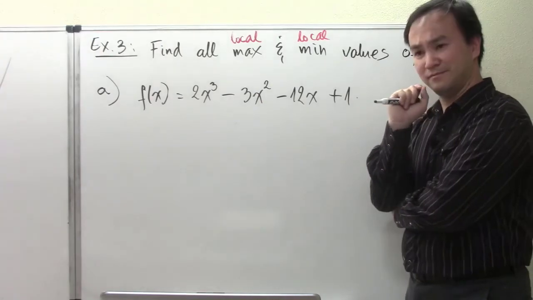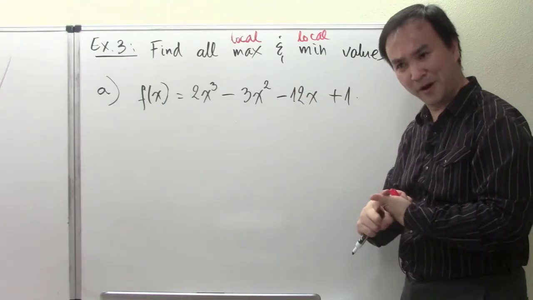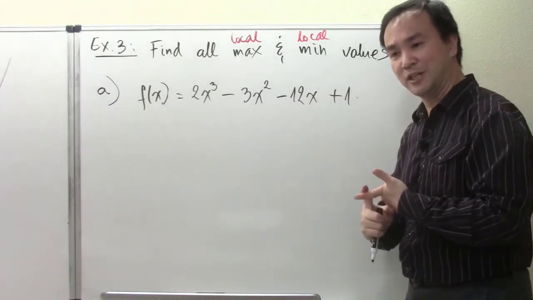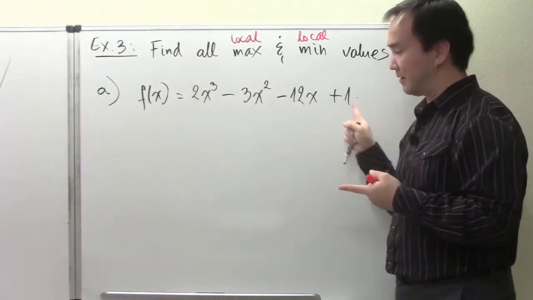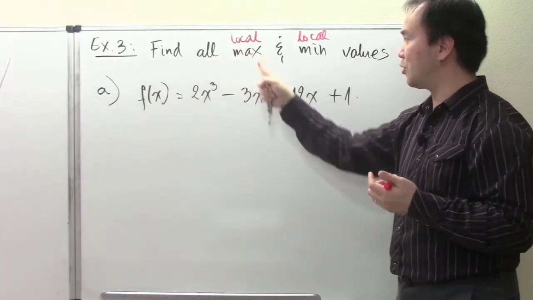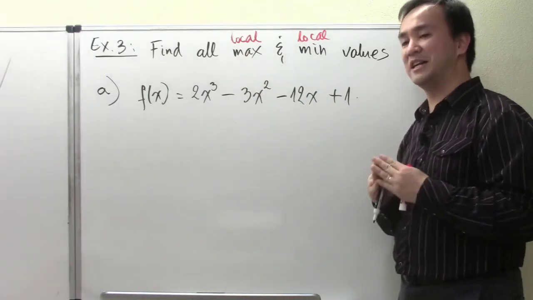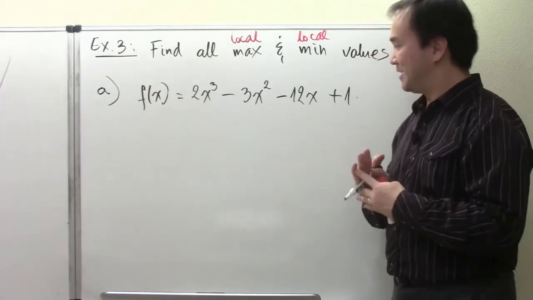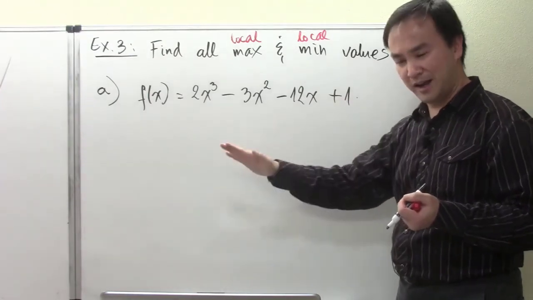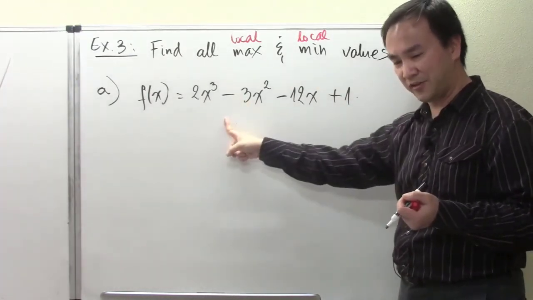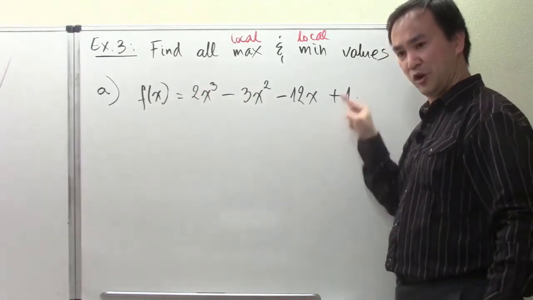Wait a minute, isn't that the same exact function we've been doing since example 1, part A, then example 2, part A? I'm using the exact same function again to find all local maximum and minimum. You will understand my intention as soon as we get into it. Throughout example 1 and example 2, I never asked anyone to, and I didn't even bother showing, the actual graph of this, because that's the point.